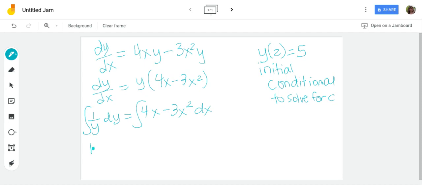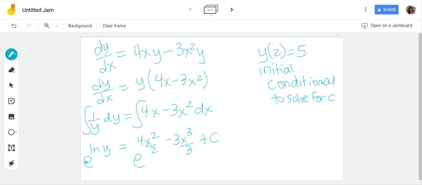And we know 1 over y is the natural log of y. And so here we'd have 4x squared over 2 minus 3x cubed over 3, and then we put our plus c. Typically at this point, since it's ln of y, I would use these as exponents and raise both sides to the e.